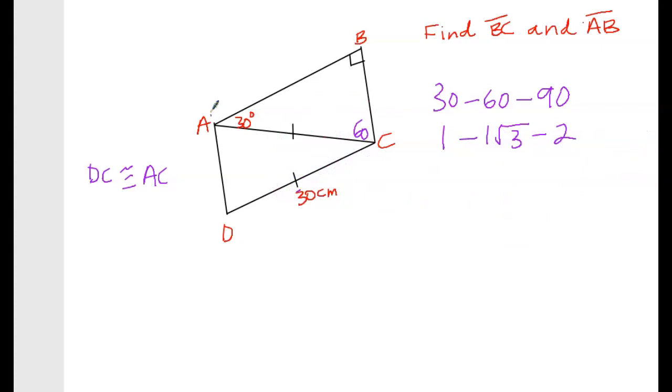So here we know that here is going to be 30. And we need to find our 30 angle first, because that's the key. That's always the key that you need. So here we realize that twice the angle 30 gives us angle 90.